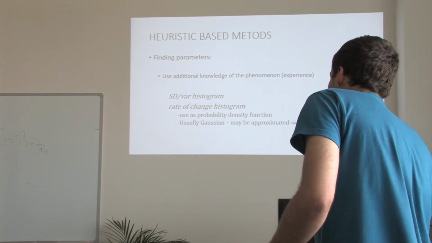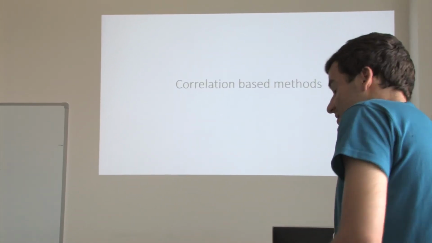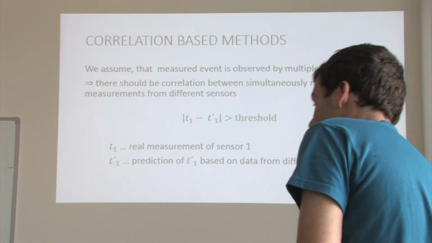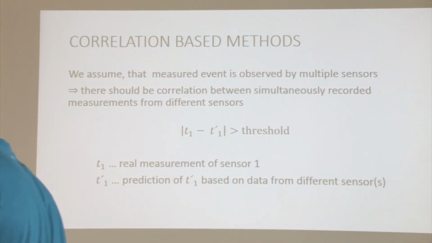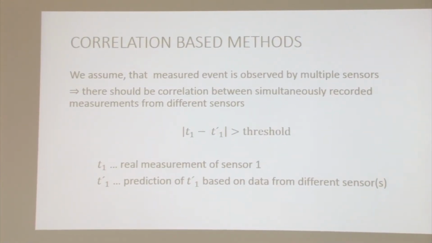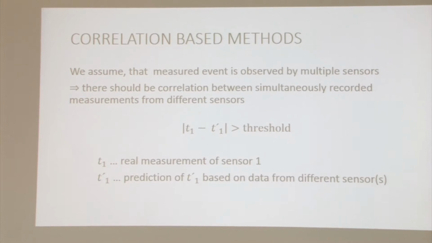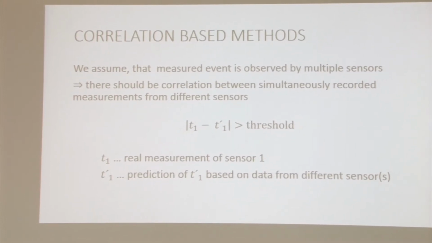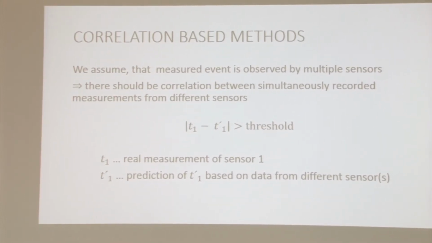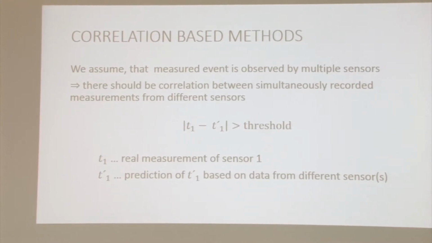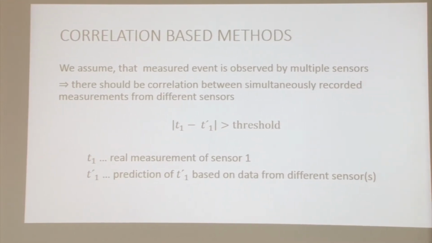What else can we do? We can use a correlation-based method, which assumes that the observed phenomenon is detected by multiple sensors, so there should be a correlation between the values from each sensor.